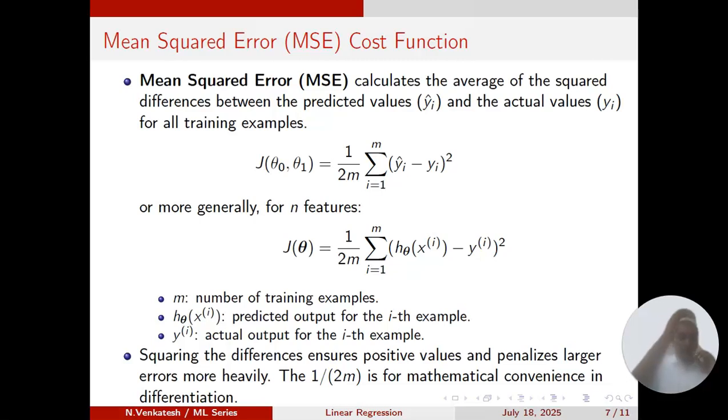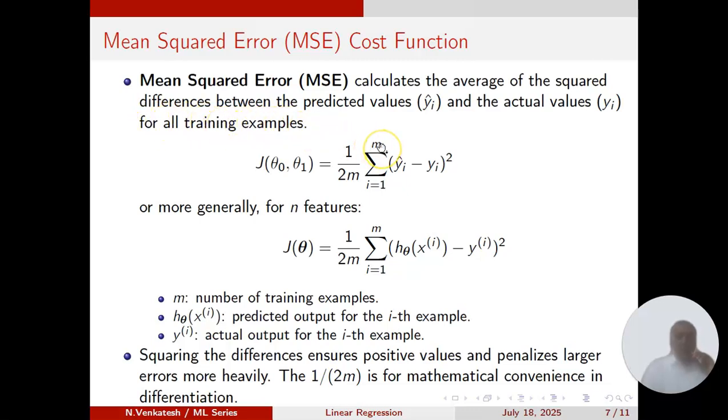The effect of positive and negative over some training examples might cancel out. So to avoid that, we are going to consider the squares of the differences. That's why we have defined this performance measure or cost function as the mean squared error.